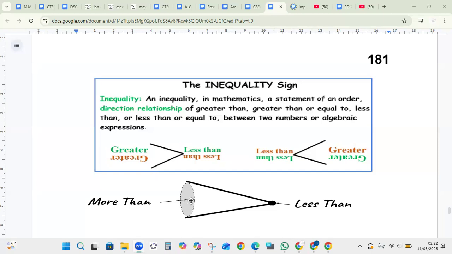So here I have labeled it. The opening, as you can see, is called more than. The point is called less than. So when you see the point, you say less than. When you see the opening, you say more than.